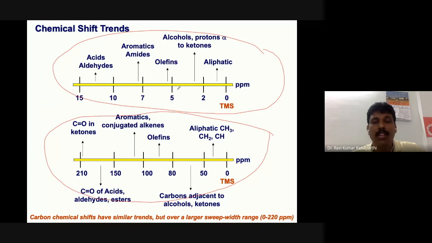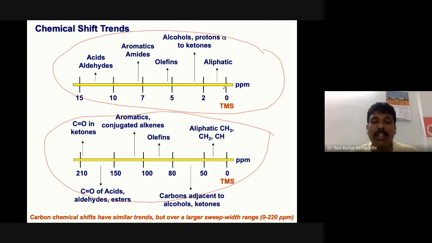The proton NMR sweeps a much smaller window, whereas carbon sweeps a much wider range. The carbon scale is much expanded, and generally it is 0 to 220.